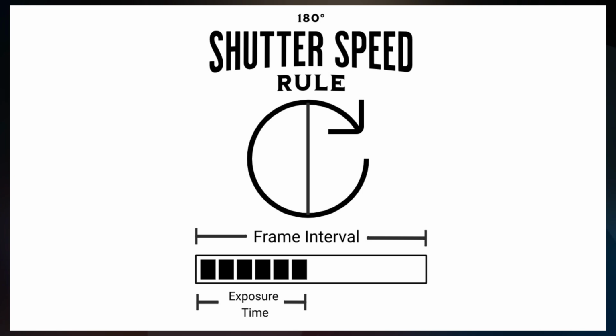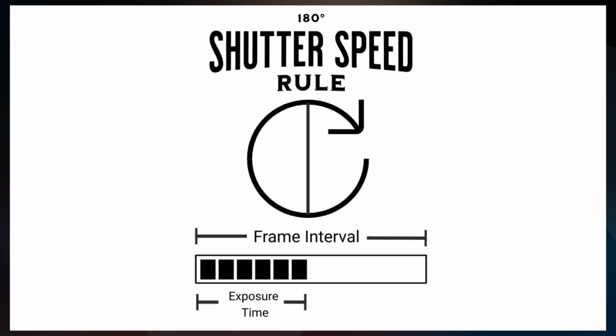So if you're streaming at 30 frames a second, you would use 1/60th of a second for your frame rate. If you're streaming in 60 frames a second, you would use 1/120th of a second.